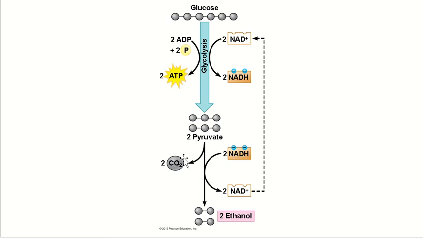One carbon molecule will be released as carbon dioxide, leaving only a 2-carbon compound, which will be further reduced to ethanol, meaning to say it will obtain electrons, whereas NADH will be oxidized to NAD+, since it will lose electrons and donate them to pyruvate.